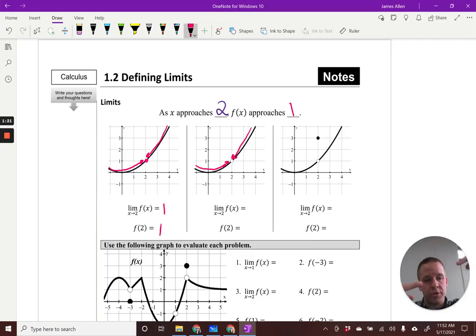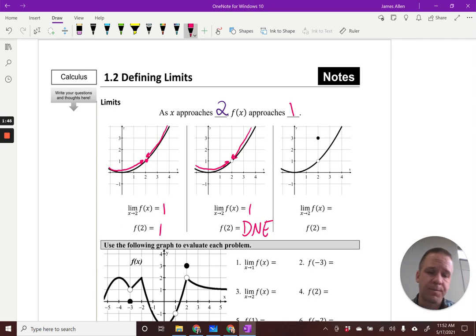As x approaches 2, f of x is approaching 1. Now, what's f of 2? Well, there's a hole there, and there's no other point, so it does not exist. So even though the function cannot be evaluated at 2, the limit as x approaches 2 is still 1. They're approaching the same thing from both sides.